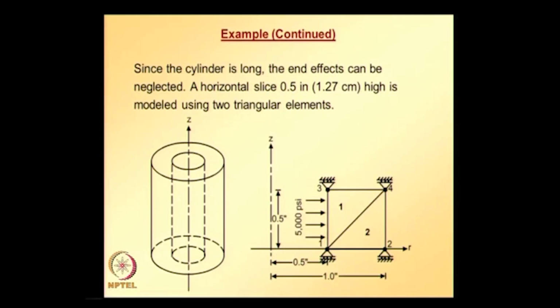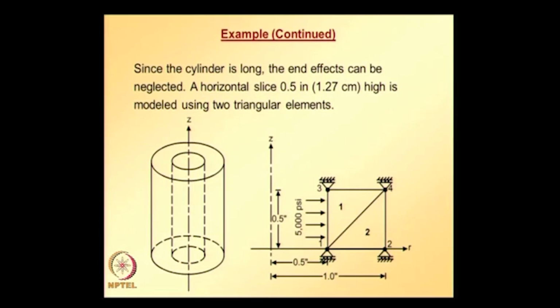And element 1 comprises nodes 1, 4, 3, and element 2 comprises nodes 1, 2, 4. At each node there are 2 degrees of freedom, one in the r direction, another in the z direction. So, element 1 contribution goes into the rows and columns corresponding to nodes 1, 4, 3 in the global equation system.